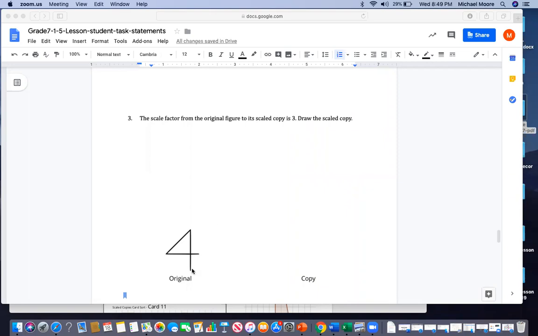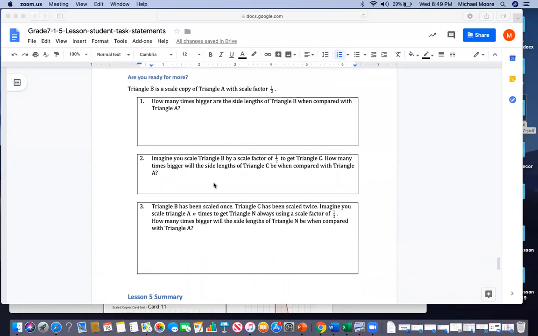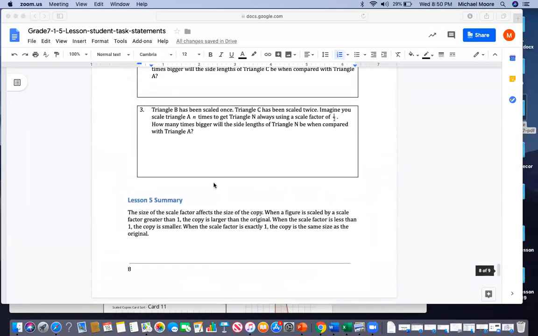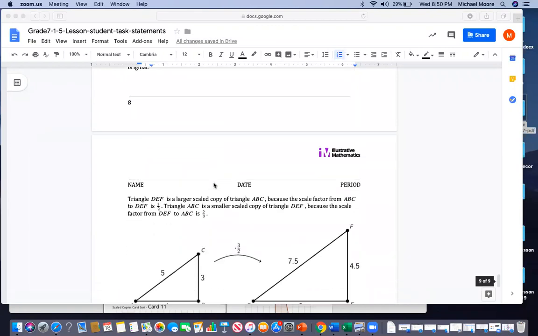So we would measure this with a ruler or index card or something that can keep consistent measurement. And this number 4 should originally be, or the copy should be 3 times larger than the original. Okay, so are you ready for more? Is what we're going to tackle a little later on in the unit.